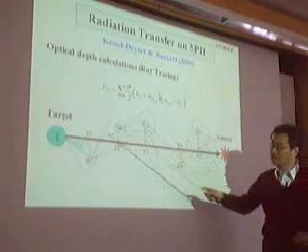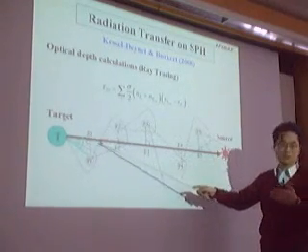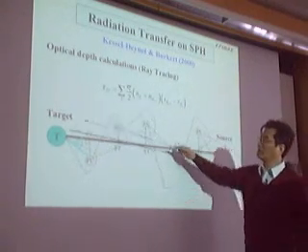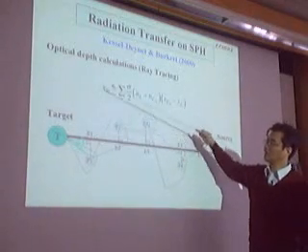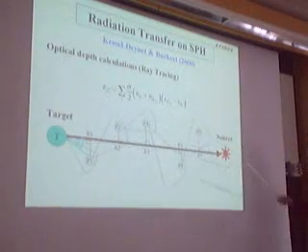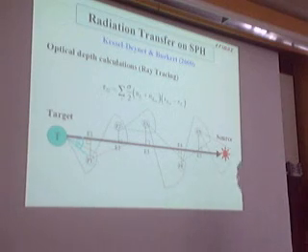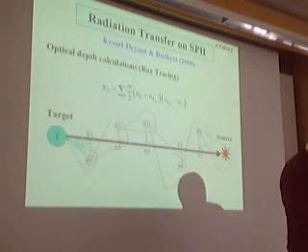Then we calculate the density or the hydrogen degree or something like that, and we can estimate the optical depth along the line of sight. This is our basic concept.